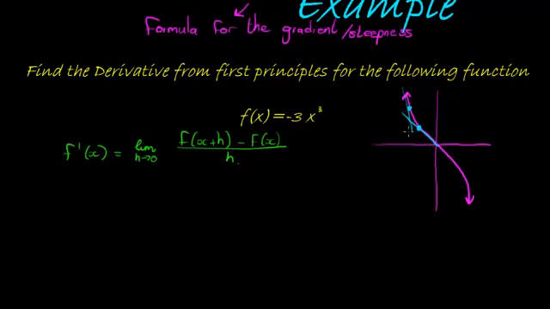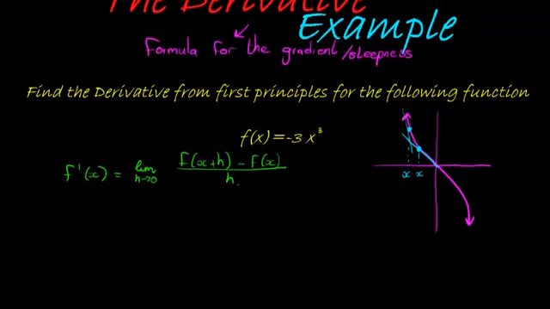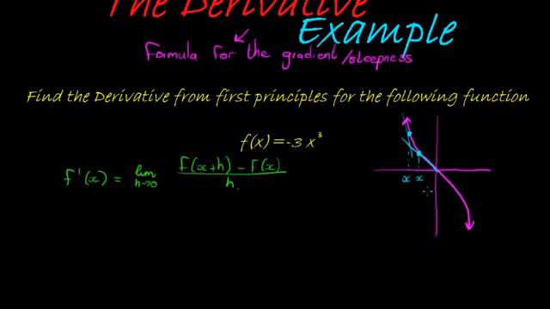So it depends on what x value I'm at. For different x values we get different steepnesses or gradients. So the derivative is a formula, so all I need to do with that formula is substitute in the x and I find the steepness at that point. So it's also a function. It's a formula or a function.